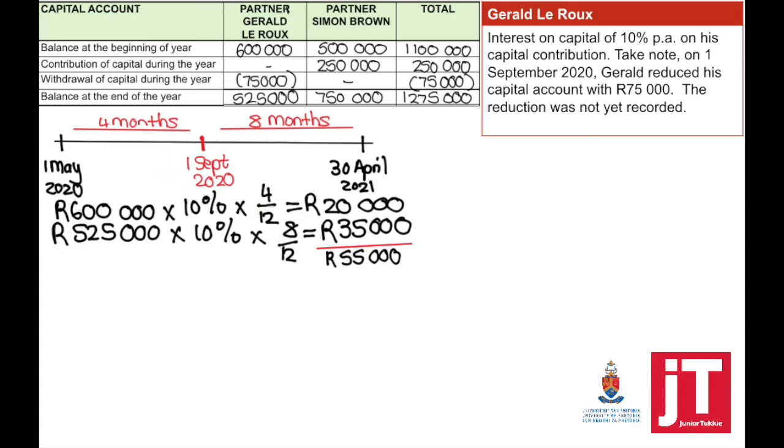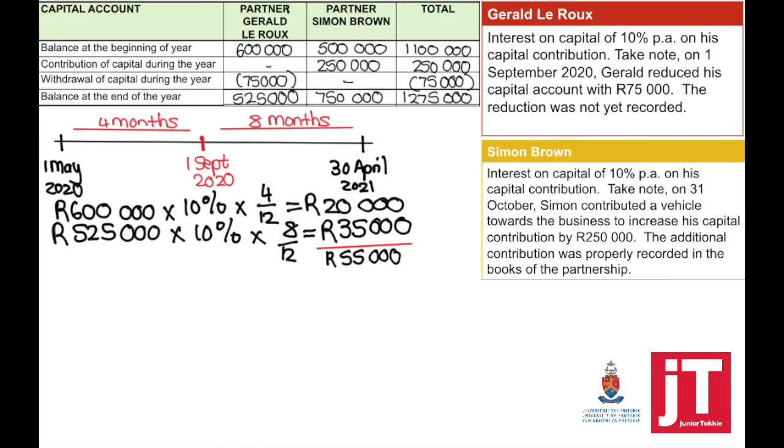This means that the interest must be calculated on 600,000 at 10% for 4 months. From 1 September until 30 April is equivalent to 8 months. My new balance from the 1st of September, 525,000 times 10% times 8 divided by 12 equals 35,000. So my total interest is going to be 55,000.